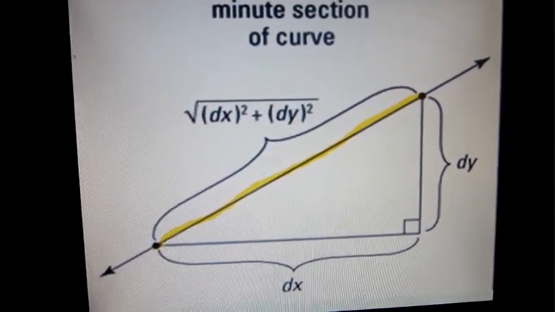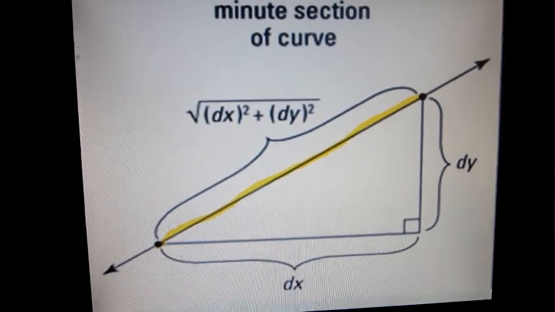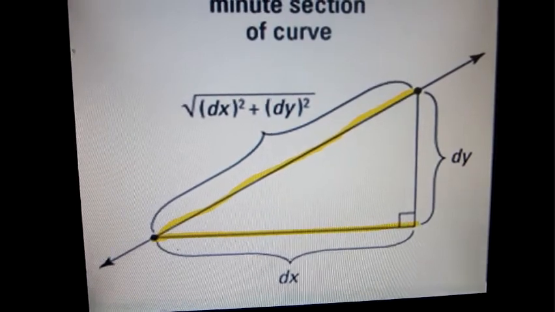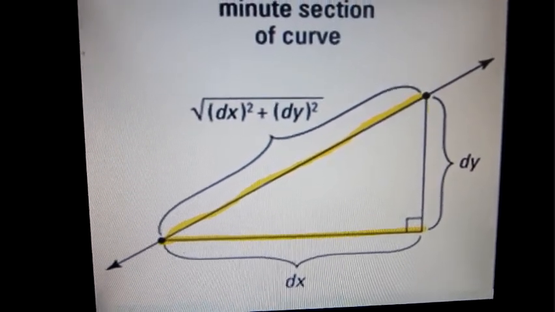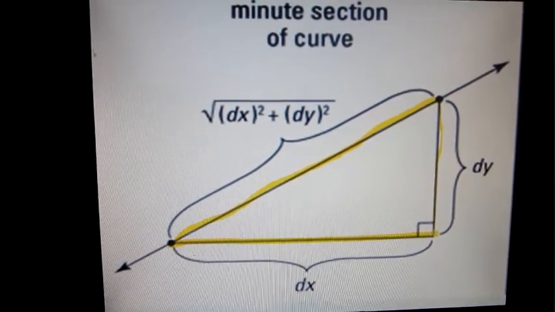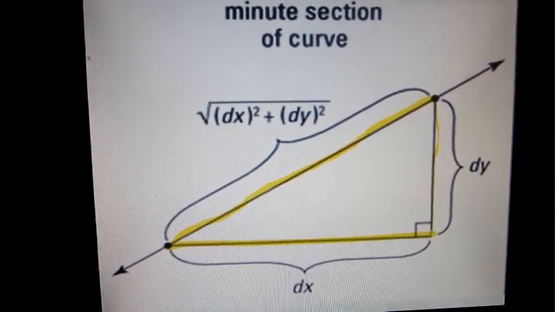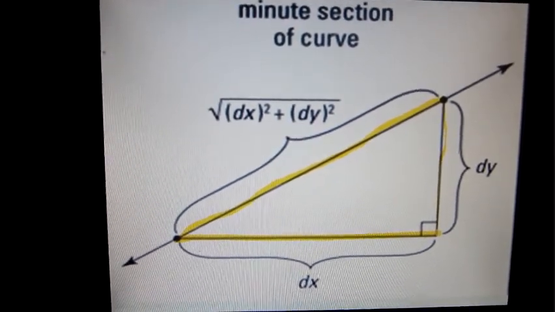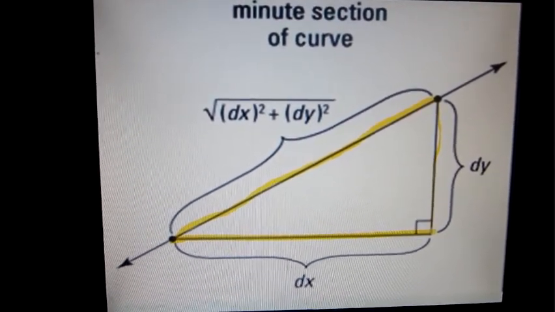The length of the legs of each infinitesimal triangle are dx and dy. And thus, the length of the hypotenuse is given by the Pythagorean theorem.